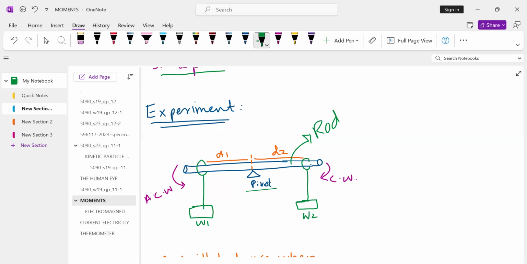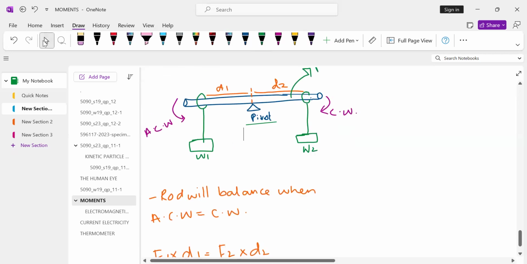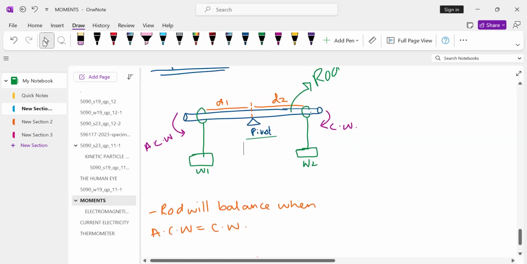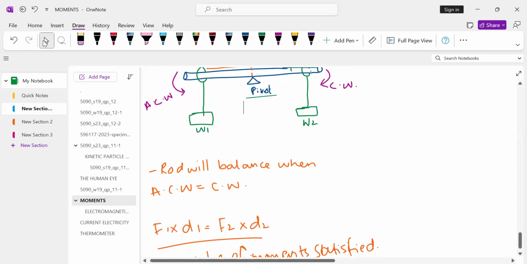Now what you have to do is attach W2, or weight 2, and this weight 2 is movable until the anti-clockwise moment and clockwise moment are equal. At the distance where the anti-clockwise moment and clockwise moment are equal, the principle of moment is verified.